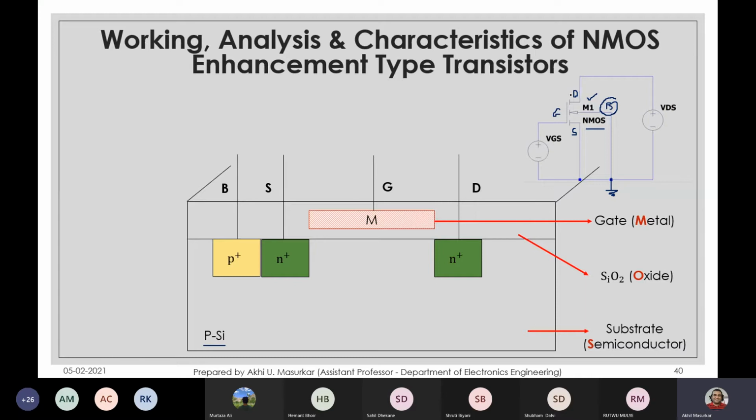Now after making M1, we need to put VGS and VDS as well. So how do we connect that? That is the next question. So first please all of you draw this.